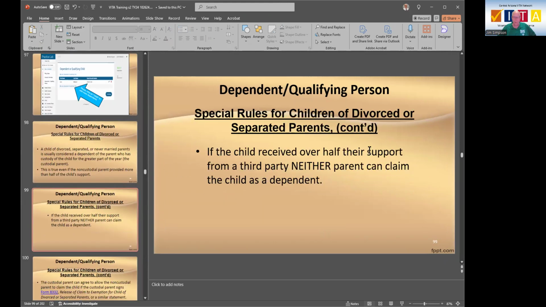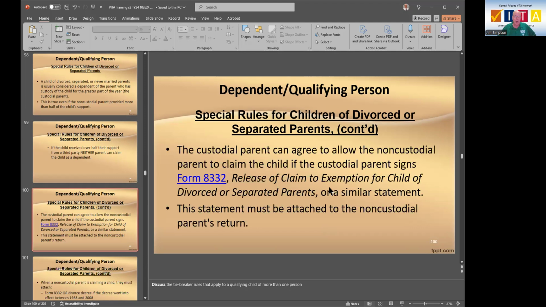Now, as I said, if the child received over half of their support from a third party, neither parent can claim the child as a dependent. But the custodial parent can agree to allow the non-custodial parent to claim if they sign the Form 8332. Often, Form 8332 has a place where they can say, I release the exemption for all even numbered years starting with 2018 going forward.